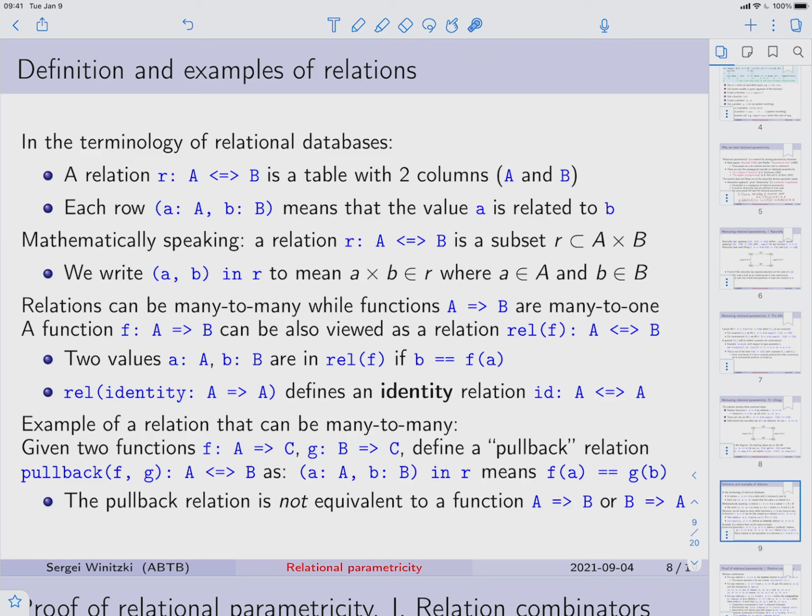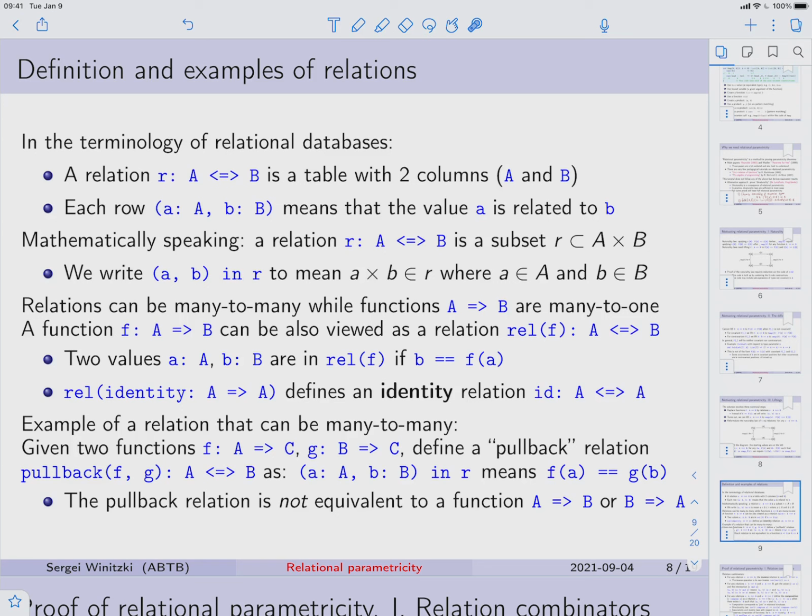We only show which ones are allowed. So we show a subset of this set, and that is a relation. So a relation is a subset of the Cartesian product. And then if the pair AB is in that subset, we write that A and B are in the relation R. So that is a definition of what it means to have a relation.